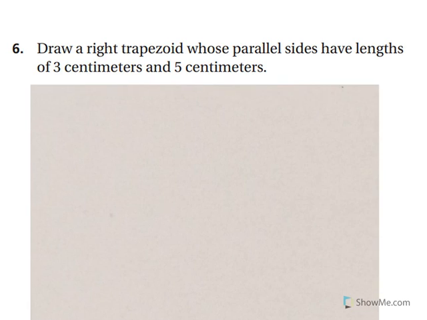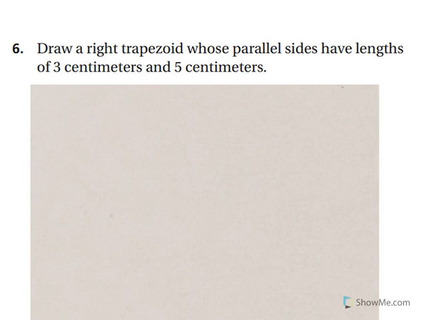If you had three or more right angles, it would be a square or a rectangle. But just one of your angles is going to be a right angle, and then you're going to have parallel side lengths of 3 centimeters and 5 centimeters.